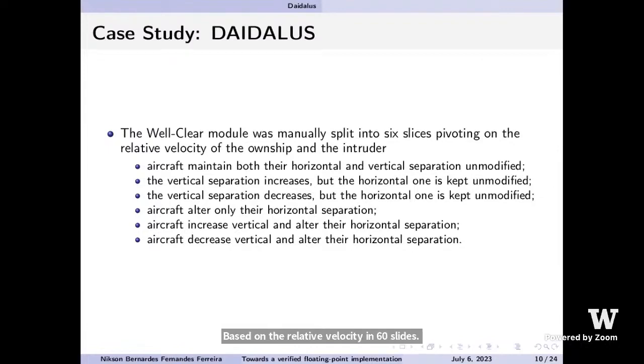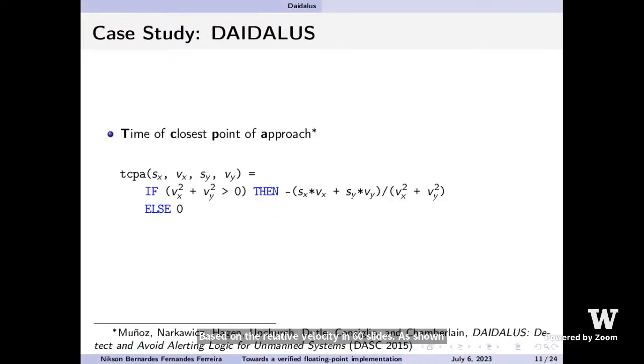And to illustrate the application of the integrated toolchain, we will use this tcpa function, the time of closest point of approach, a function that is in the specification of DAIDALUS, that receives the relative position and velocity vectors, and if the norm squared of the velocity is greater than 0, returns minus the projection of the relative position vector on the relative velocity vector over the squared norm of the velocity. Otherwise, both Vx and Vy are 0, and then it returns 0.